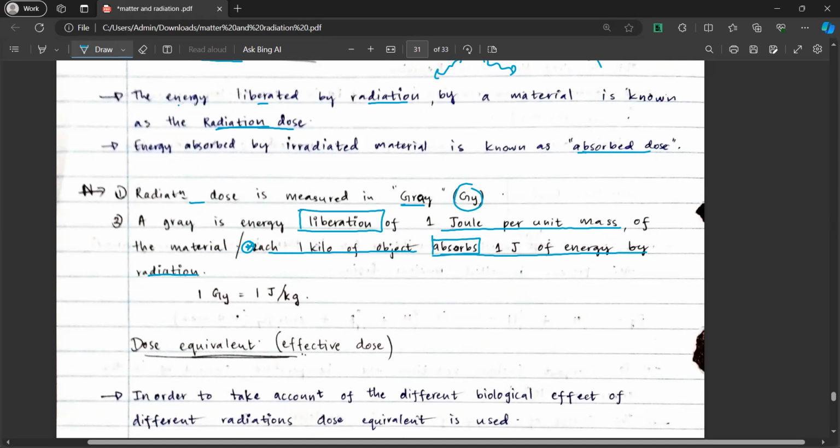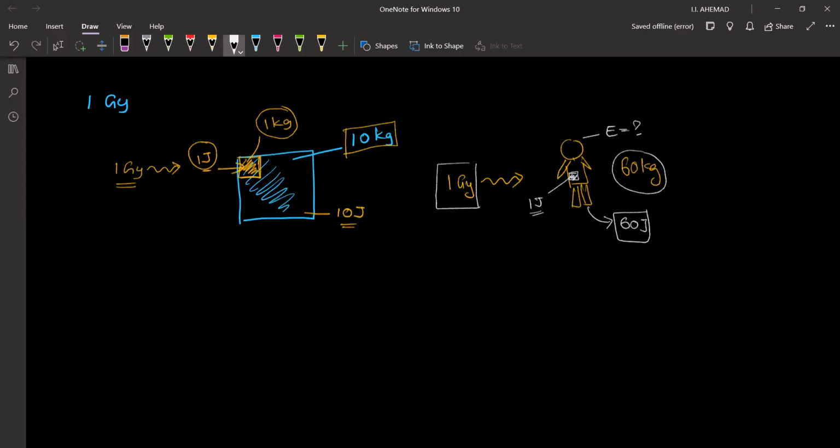So it's actually the point of view. Now, from the point of view of this object, it has absorbed 1 joule. It absorbed 1 joule per kilogram.